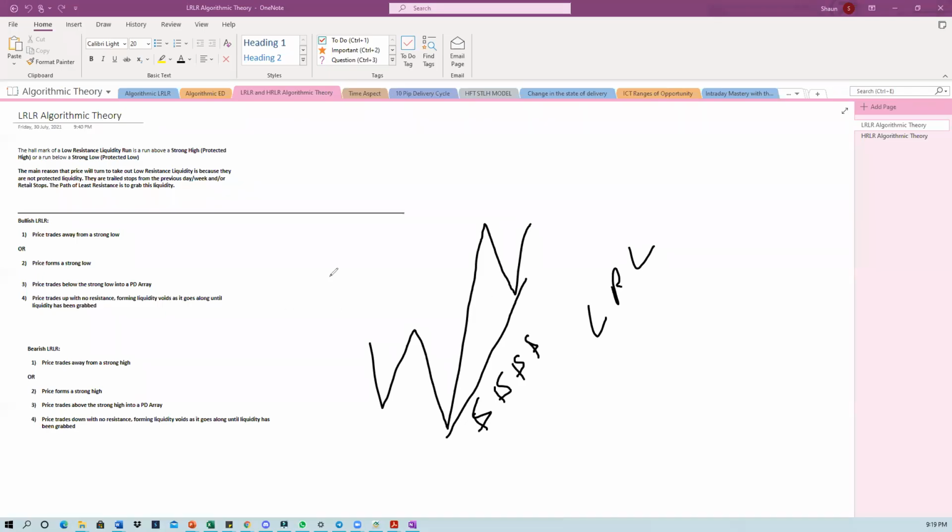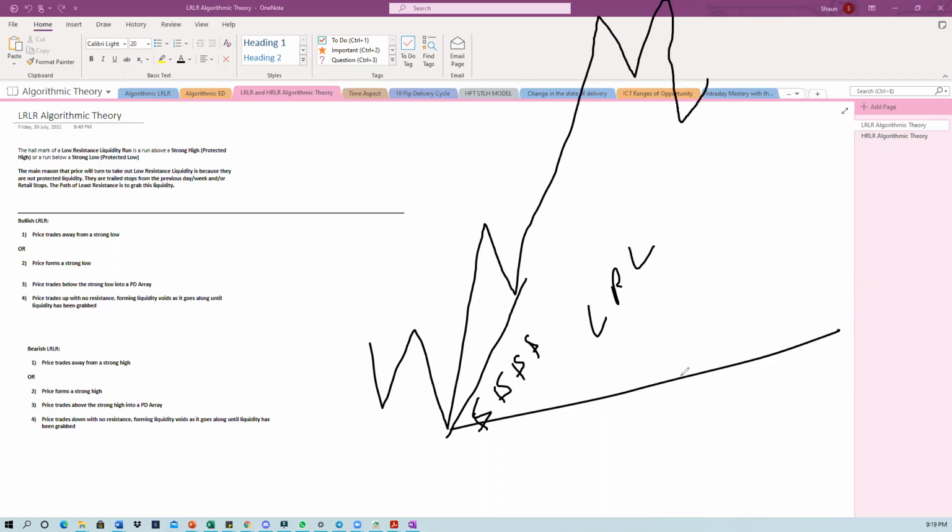So whenever you have a low resistance move with sharp moves up or down, what's being created? What's being created is low resistance liquidity, meaning that when price reaches another PD array of some sort, what's the obvious target?